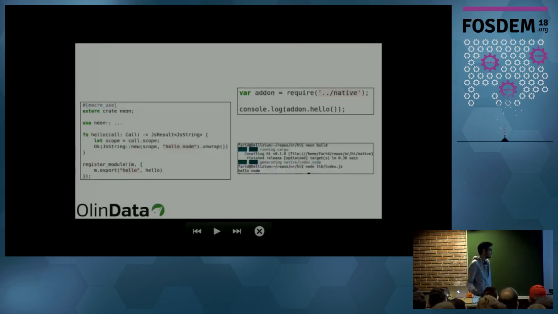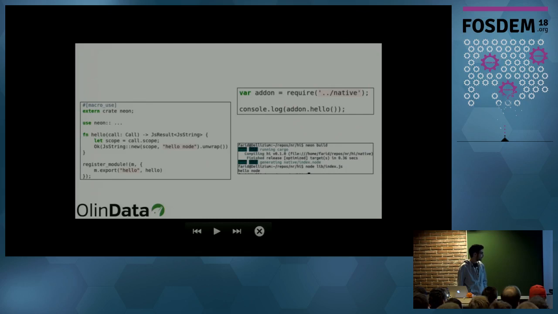So this is an example of a Rust file that exports a module to Node.js. So this is the example that Neon actually gives you. It's quite simple. What it does is just returns a hello node string, and then on the other side, you can see on the JavaScript side on the right, you require the module and you call the hello method, and when you run it, it works.